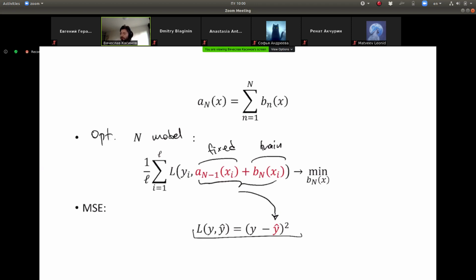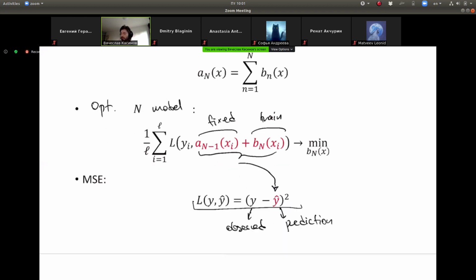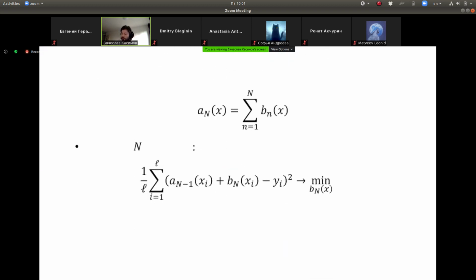Then to estimate the error, we take the observed point minus the prediction. Then we could rewrite it a bit.